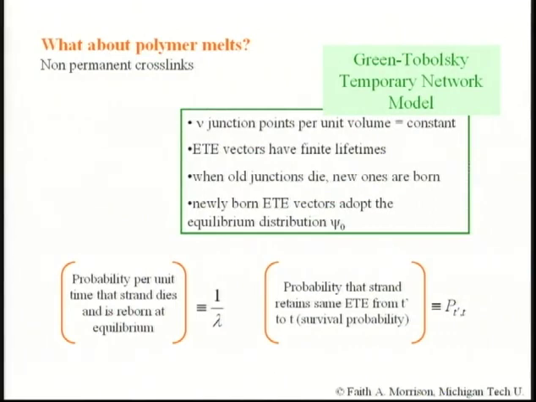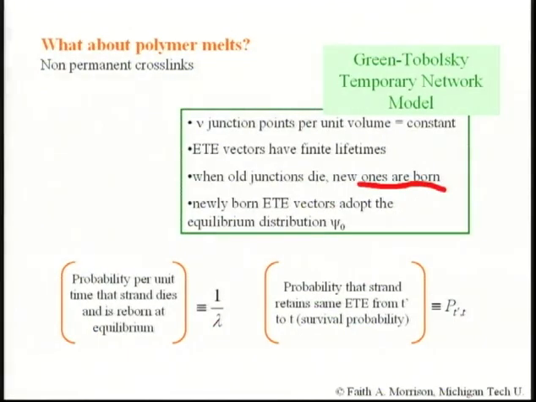These are the pictures that were used by Green and Tobolsky in the 60s, I believe. Assume that you have new junction points per unit volume. Assume that the end-to-end vectors have finite lifetimes, meaning they die. So a chain lets go after a certain period of time. When old ones die, new ones are born, and new ones adopt the random configuration.